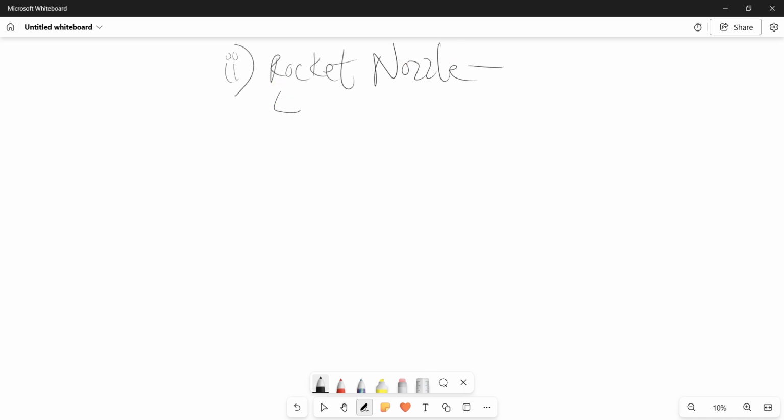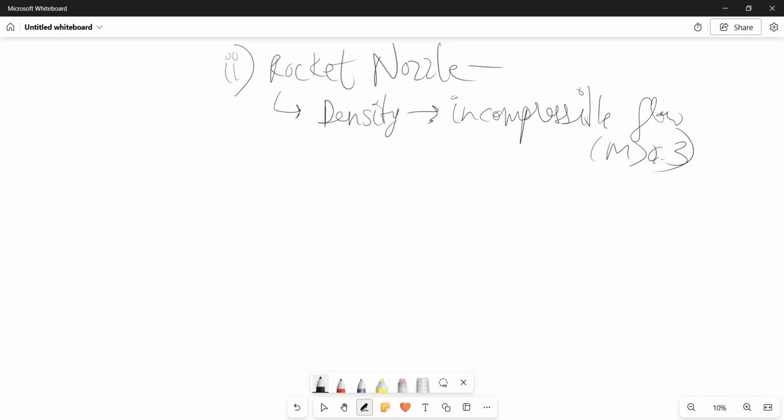Now you can tell it yourself. Are you going to use pressure based or density based? Density based. Why? Because the gases expand, so it's compressible flow, M is greater than 0.3, of course.